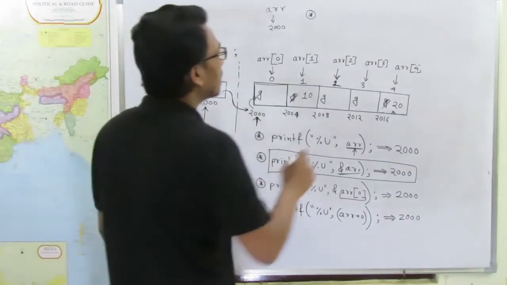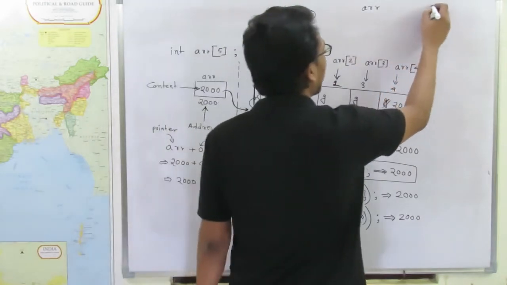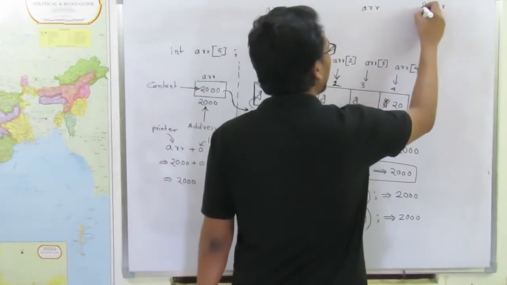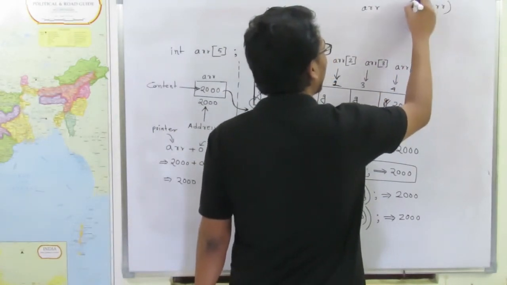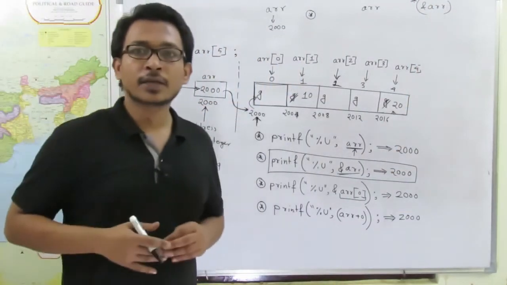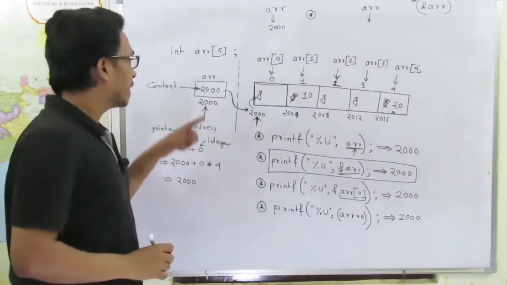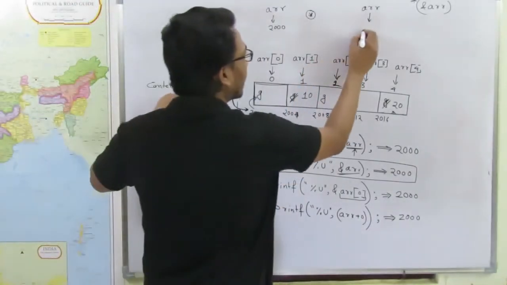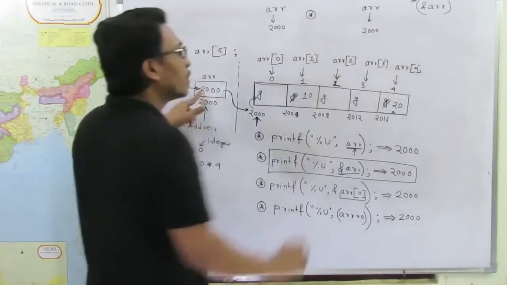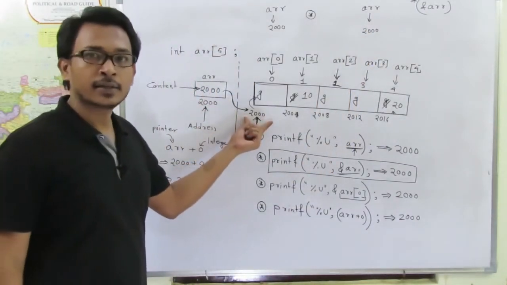Now let's say one instruction is arr and the other one is address of arr then the indirection operation. What does it mean? Which element does it give us as a result? Look, in the first case it will give us arr, that means the content of arr, that is 2000. So this is nothing but this one, that means we are getting this one as the result.